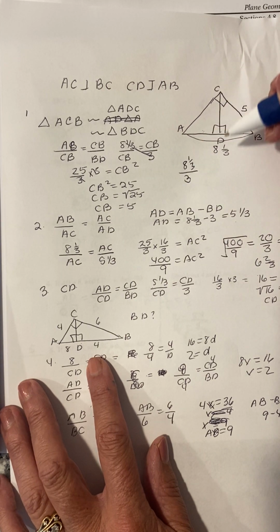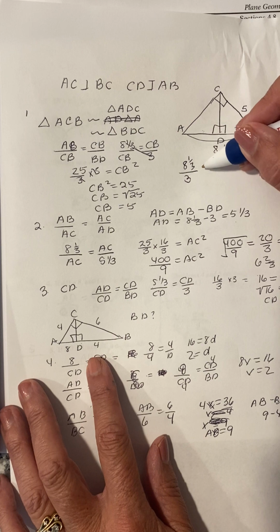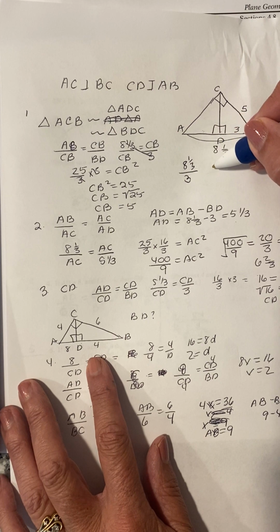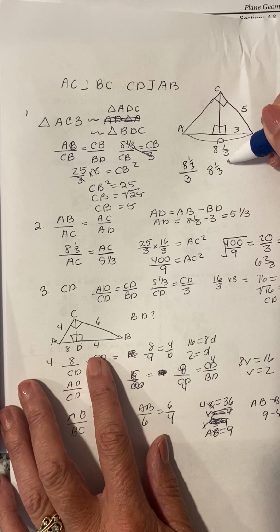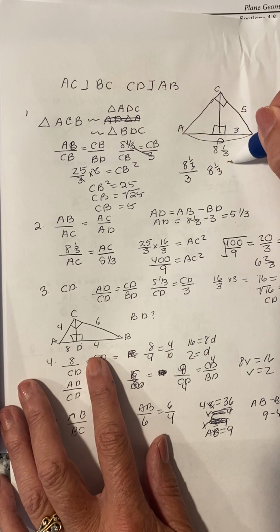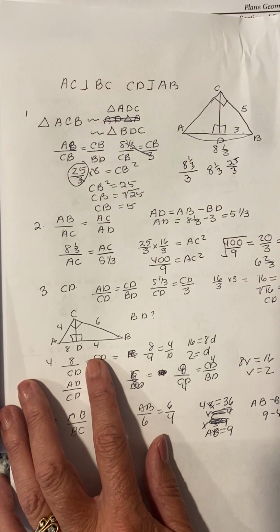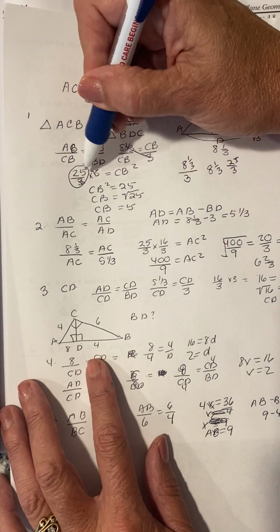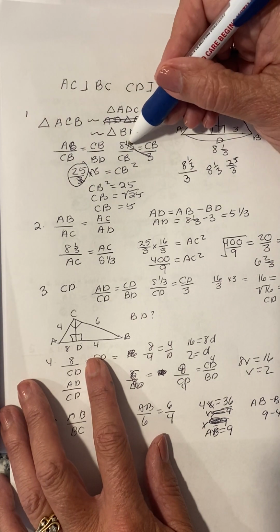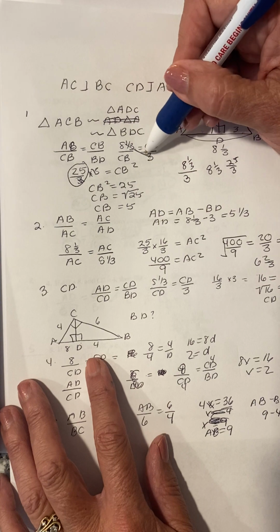You're going to change 8 1/3 into 25 thirds, which I did right here. 25 thirds times 3, so we can take that, and it just turns into the number 25. So 8 1/3 times 3 is going to be 25.